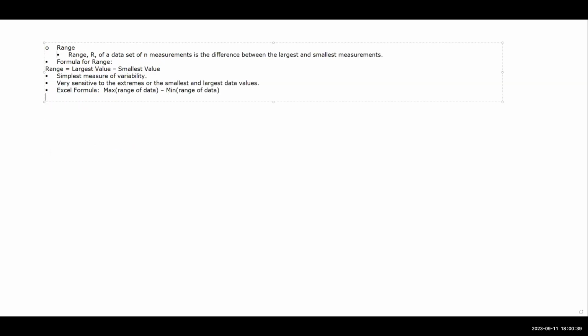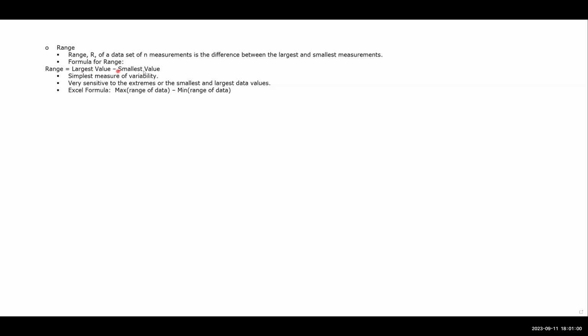And the first one is called range. Range, you use R for range, of a data set of n observations or measurements is basically the difference between the largest and the smallest measurement. The formula is pretty easy.